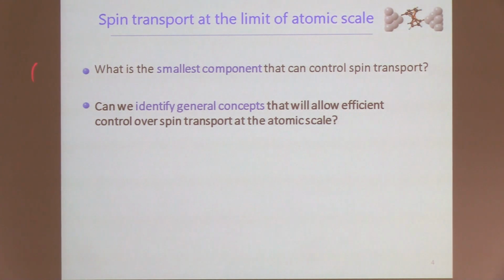Can we identify general concepts that will allow efficient control over the spin transport at the atomic scale? Because we work with the break junction technique at the single molecular level, the local orbital structure plays a huge role in determining the charge and spin transport. So we want to use this orbital hybridization to control the charge and spin transport at the atomic scale.